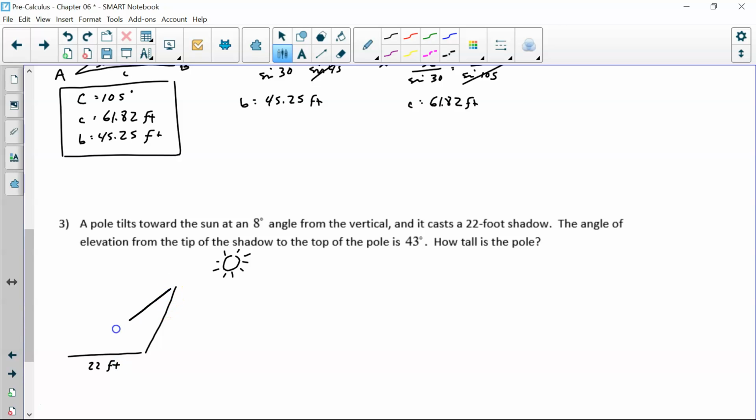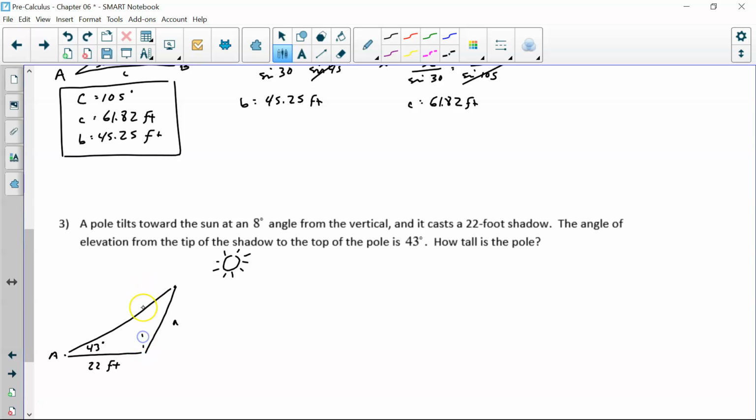We can draw a triangle. Now it says the angle of elevation from the tip of the shadow to the tip of the pole is 43 degrees. There's our angle of elevation. We need to find out how tall the pole is. We need to find out this value, so we'll call this angle A and side A. Now, there's some other information here.